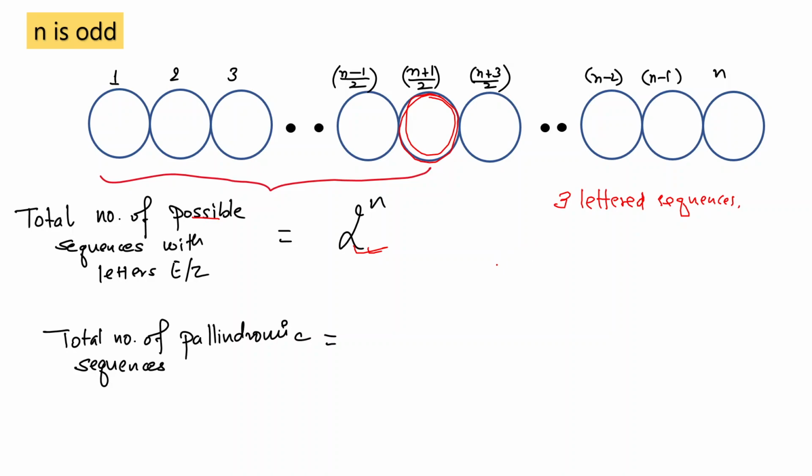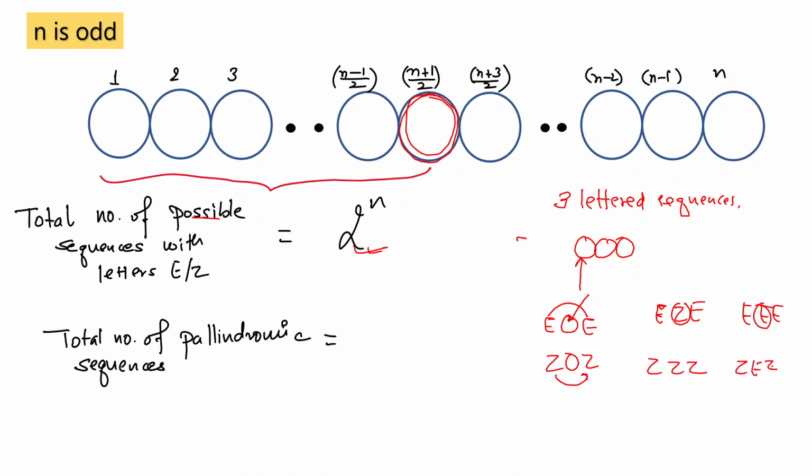If I think of only this box, I can make a sequence E, and I can make a sequence Z. And what about the middle box? To turn this into a palindrome, you can write an E here. To turn this into a palindrome, you can write a Z here. But what about the middle box? In the middle box, you still have these two options, E or Z. In the middle box, you can have both of these, EEE or EZE, ZEZ. In the middle box, you have both these options.